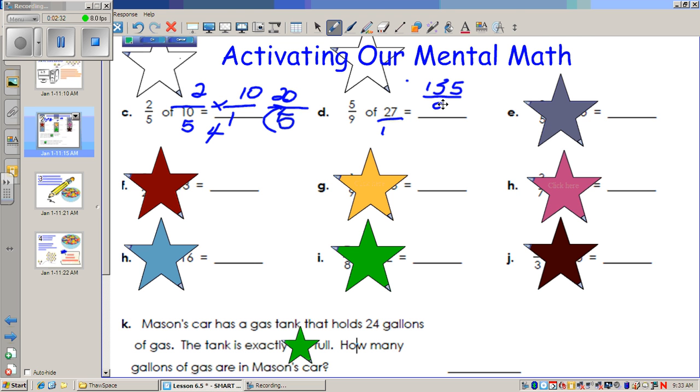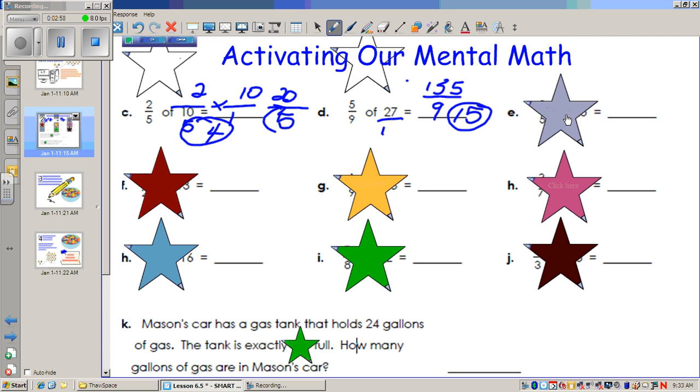I divided this out already, so I know that 9 goes into 135 15 times. So my answer would be 15. I suggest you do your work on a separate sheet of paper so the answer is easy to see. On the first one you had 4, on the second one you had 15, and so on.